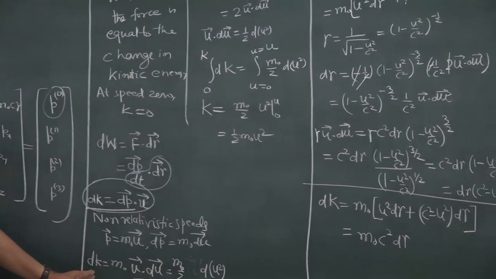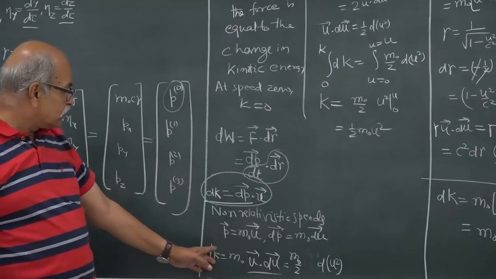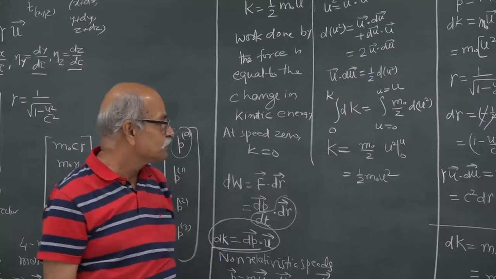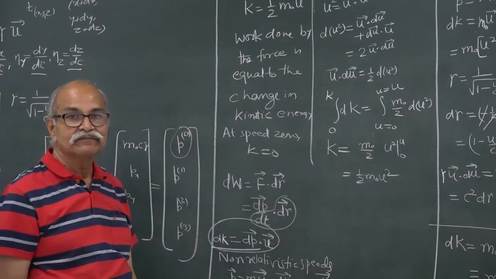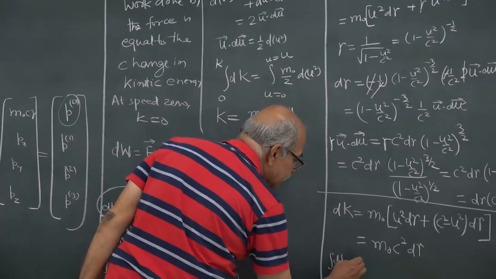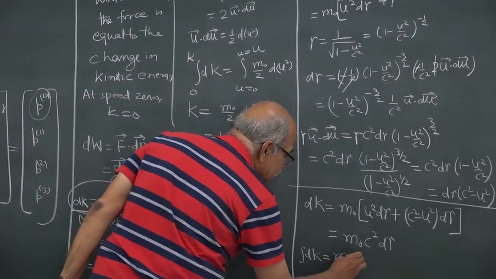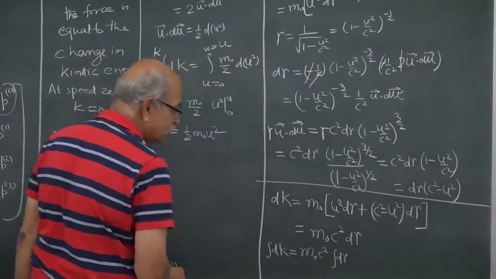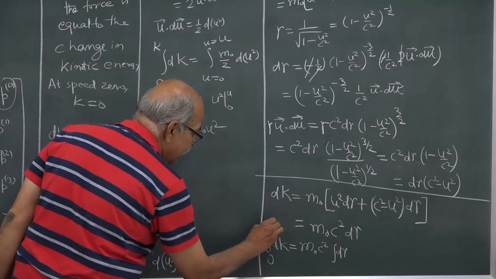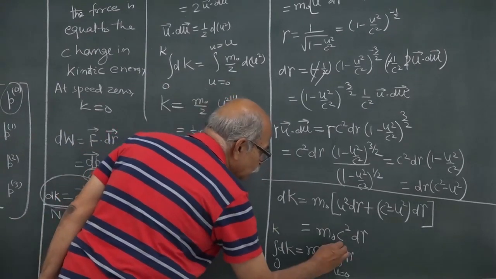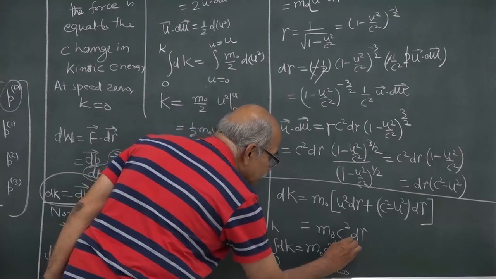So after that, what did we do? After getting all these things, we integrated from 0 to k and u going from 0 to u. Same thing here, integrate. dk is equal to m naught c square, which is constant, and therefore this is just d gamma. This is 0 to k, and u going from 0 to u.